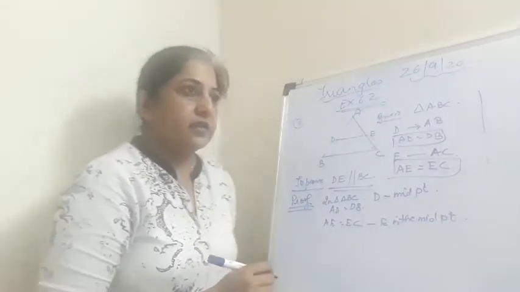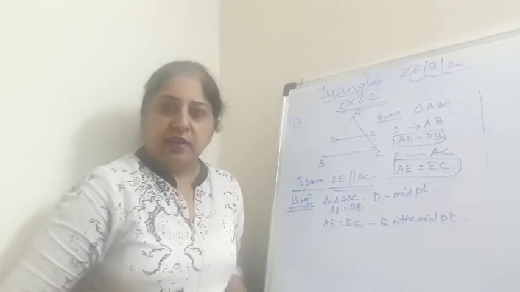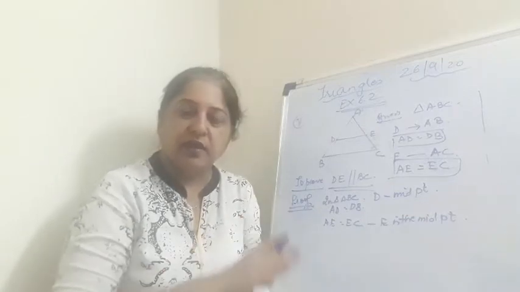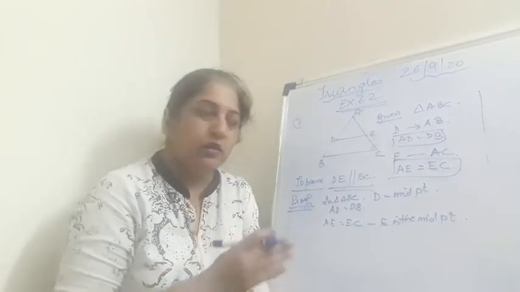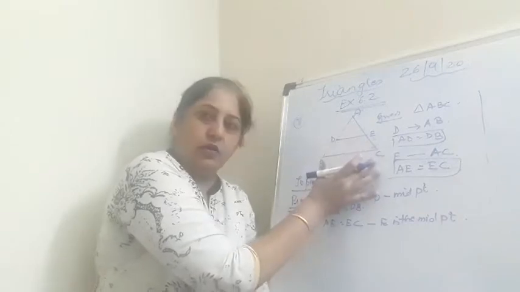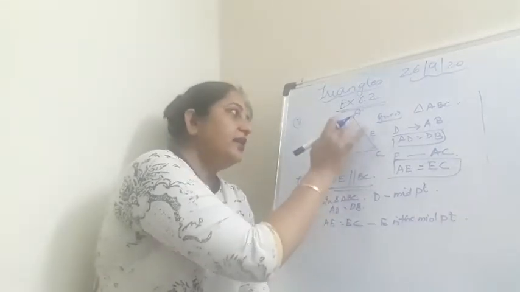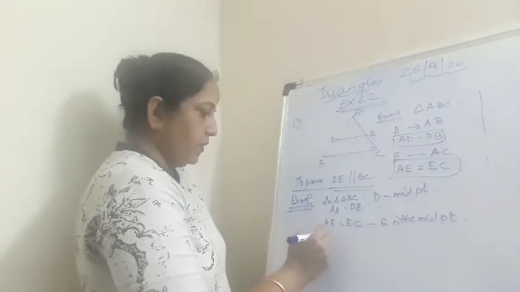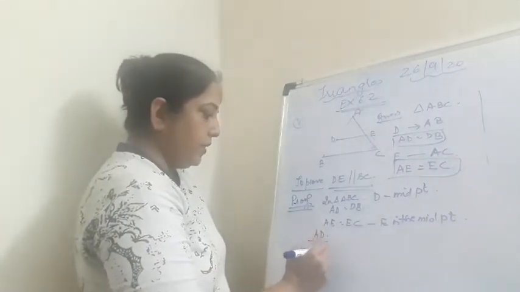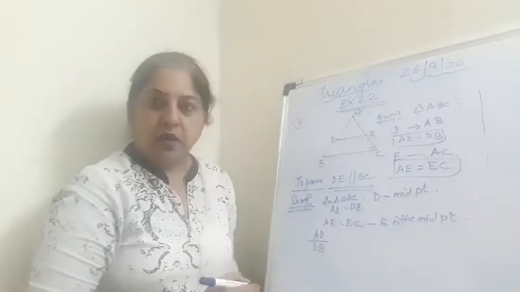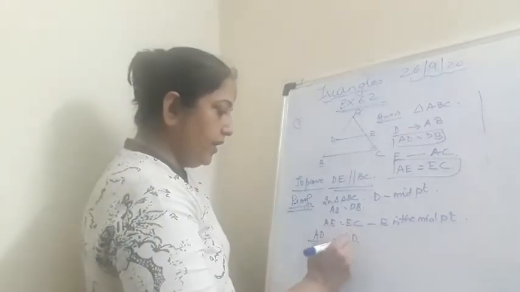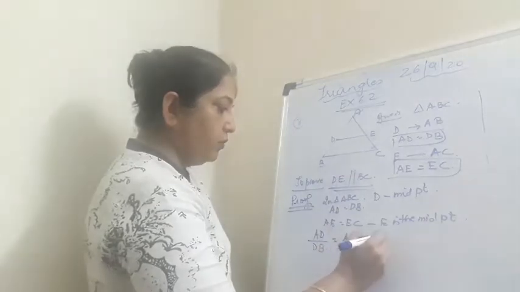Now in the converse it is saying that if the sides are proportional, or if the sides are in the same ratio, then the line will be parallel. Now how will we show that these sides are proportional? See, if I write AD upon DB, I can write it as AD upon AD, which is equal to 1.